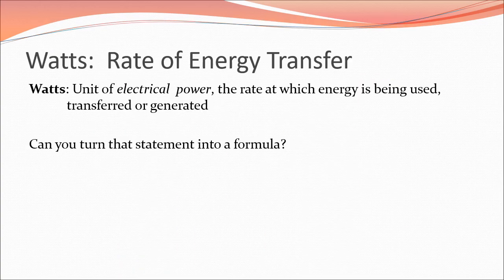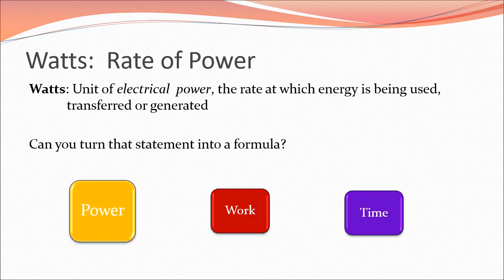So we use the unit of watts to measure power, to measure electric power, or any power, in fact. It's the rate at which energy is being used or transferred or generated. So if we're thinking about a rate at which energy is being used, how could we turn that into a formula?